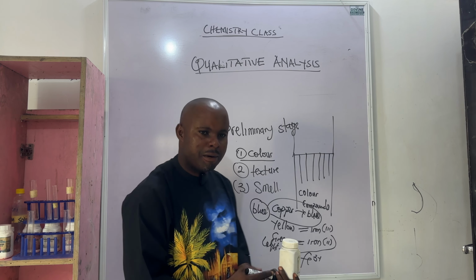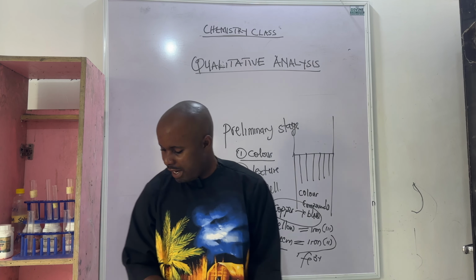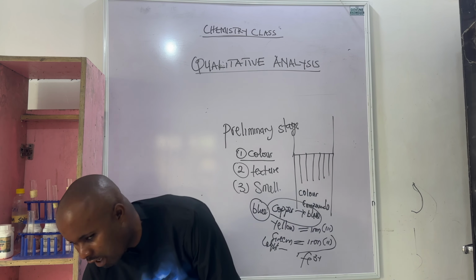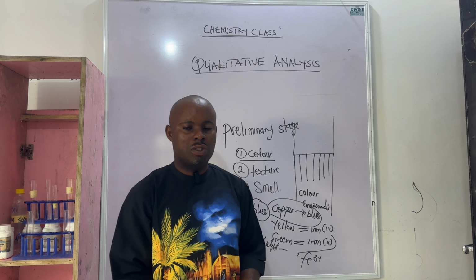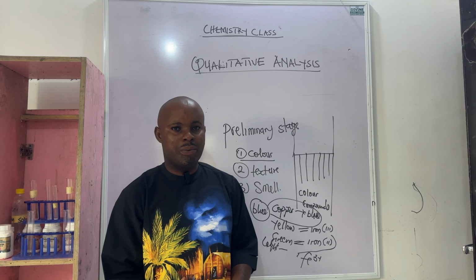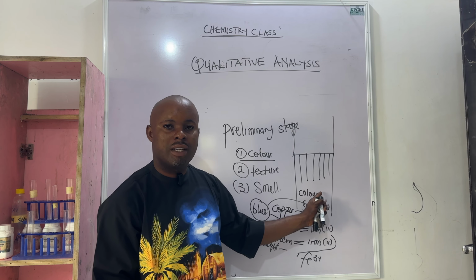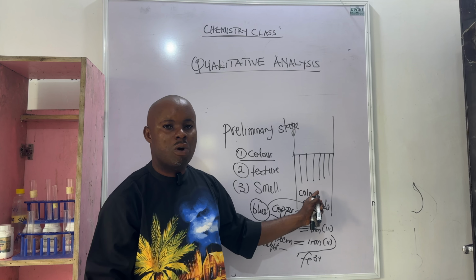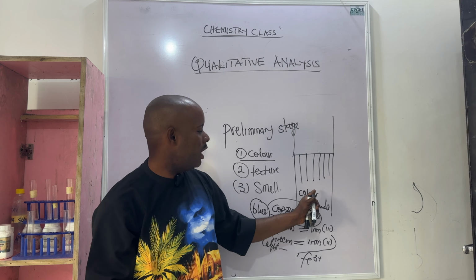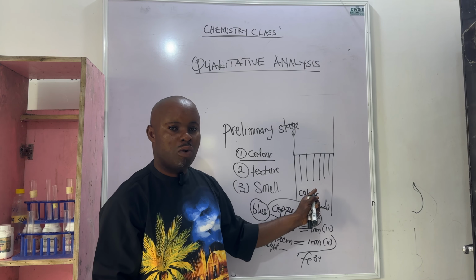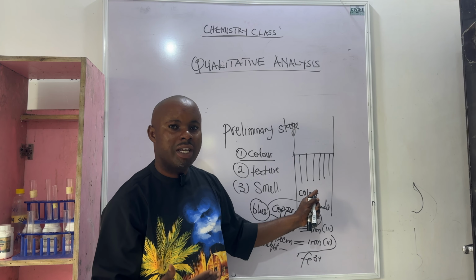So in this aspect, the preliminary stage gives us a better idea of how this salt appears in our examination or in our laboratory. A very good example is that we can use color to identify certain salts in the laboratory. As I've said, we have the transition metals. One of the characteristics of transition metals is that they produce colored compounds. Whenever you see a blue salt in the laboratory, there's a high tendency that such salt contains copper.